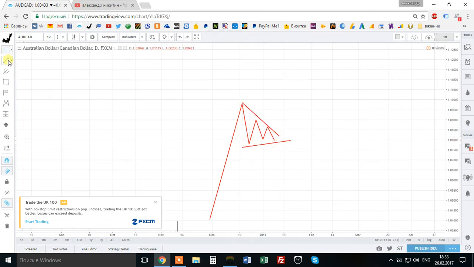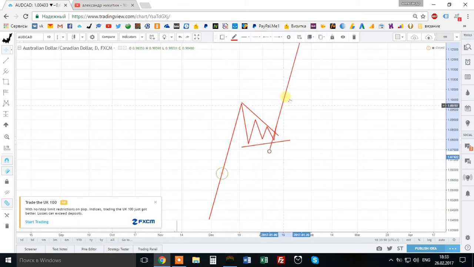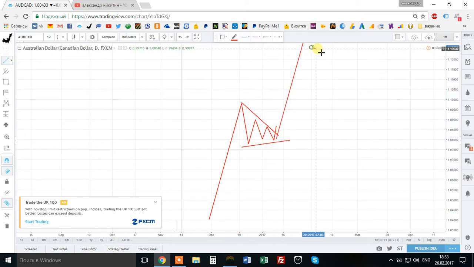Yes, typically it is a continuation pattern, so if it breaks to the upside, let me clone that leg. Boom. And this will be my target here, and this would be my stop loss here, and that's it. Very simple technique. You only see this, but you don't know how exactly he identifies those swings, do you?